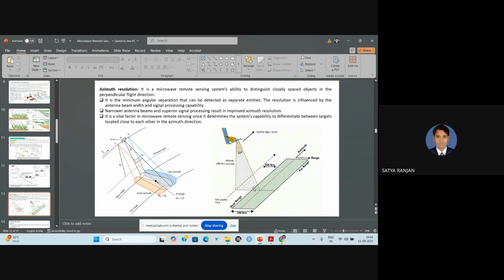So based on the different angular changes, the resolutions also change. Based on the angle information, the azimuth resolution is calculated, and based on the minimum difference between two backscatters, that is the range resolution. So spatial resolution is different in microwave remote sensing technology, because it is a backscatter technology.